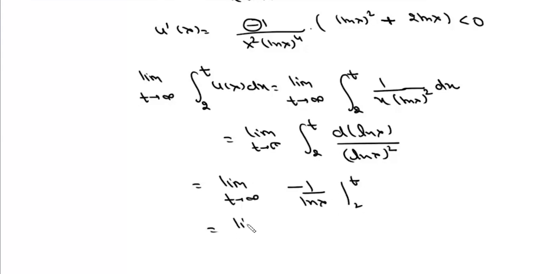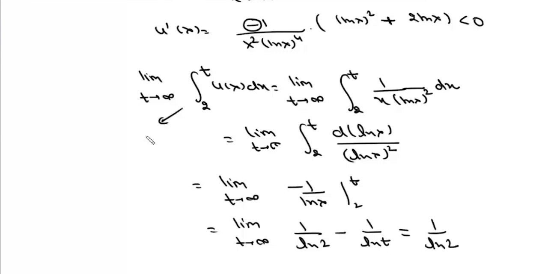So it will be this limit t tends to infinite of 1 upon log 2 minus 1 upon log t. Now when t tends to infinite, log t tends to infinite, and 1 upon infinite is 0, so it will be equal to 1 by log 2, which is finite.